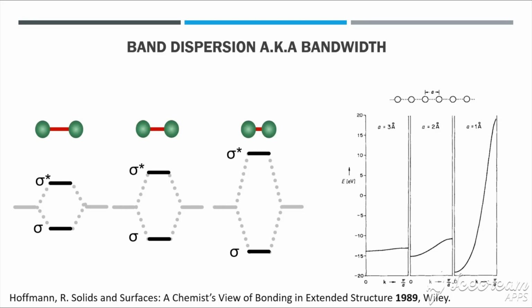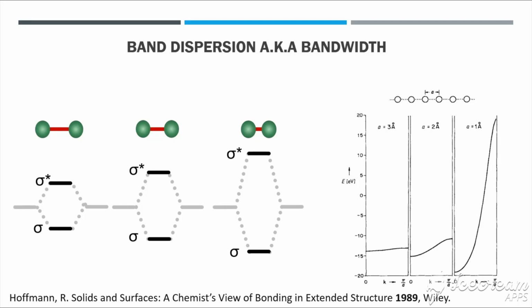To understand what gives rise to band dispersion, I want to bring back the example of the hydrogen molecule. As you shorten the bond between these two hydrogen atoms, you see the destabilization of the anti-bonding orbital as shown right here, and the stabilization of the bonding orbital, which widens the gap between these two molecular orbitals. Imagine that instead of these two discrete molecular orbitals, you have a band of energy.